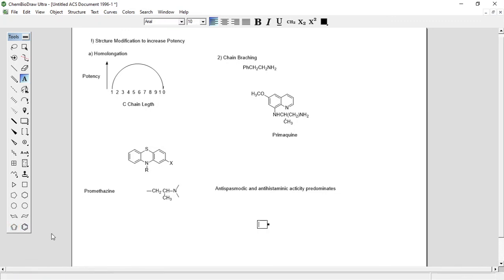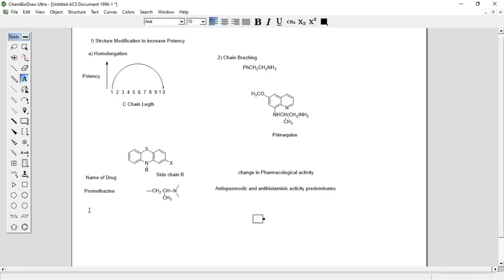So this is the name of the drug, this is the side chain R, and the change in pharmacological activity.